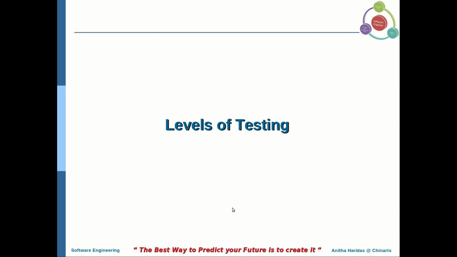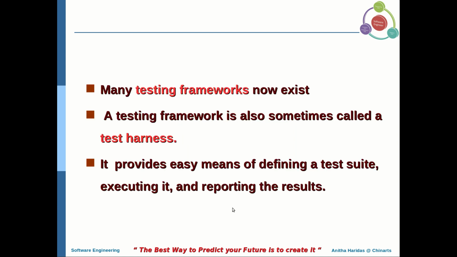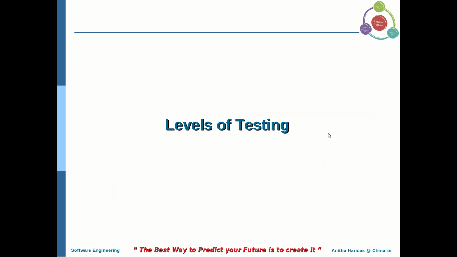So this is what you have to understand about test cases and test suites. Along with that, we have also seen what a test plan and test oracle are. In the next video we will be talking about the different levels of testing.